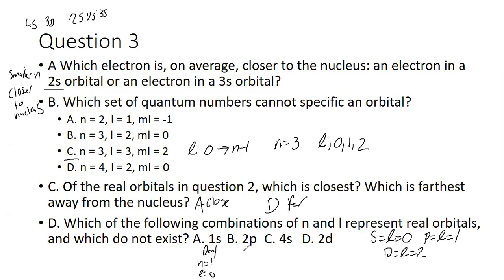Yeah, that's real. 2p, n equals 2, l equals 1. That does not break our rule, so that's real. 4s, n equals 4, l equals 0. That does not break our rules, real. 2d, n equals 2, l equals 2. That breaks our rule, right? l can only go from 0 to n minus 1. 2d is saying energy level 2, l equals 2. Not possible. So D is fake.